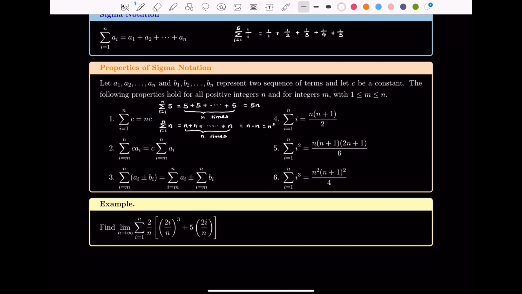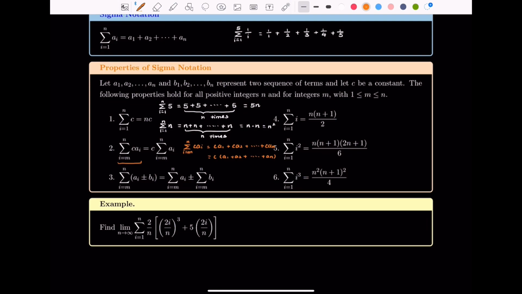The first part is basically ca1 plus ca2 all the way till can, right? And now, since every single term has a common factor c, we can factor it out. So that's the same as c times a1 plus a2 all the way till an.